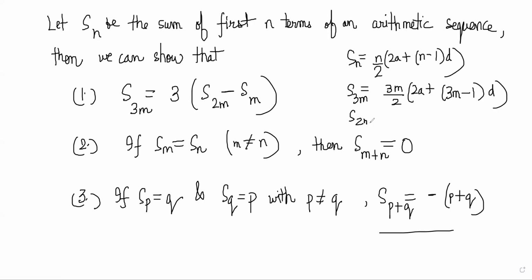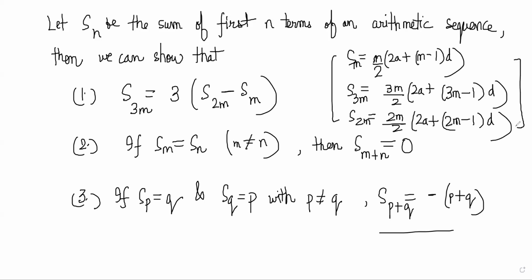And S of 2m would be 2m by 2 into 2a plus 2m minus 1 into d. And similarly, S of m, if you write m here, it will be m by 2 into 2a plus m minus 1 into d. So let's subtract S of 2m minus S of m, right?